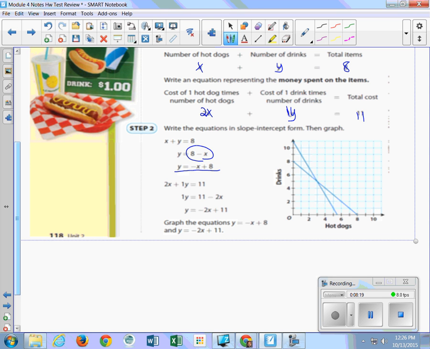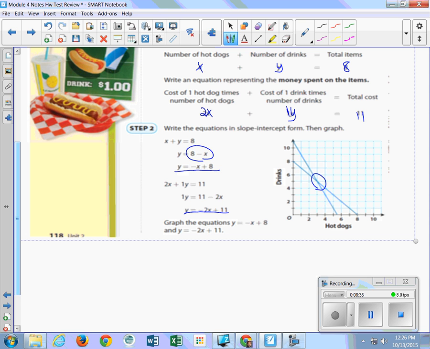Did the next equation, subtracted the 2x from both sides, then divided by 1, and you have those two. Then they plotted the two equations on the graph, and where they cross is the answer.